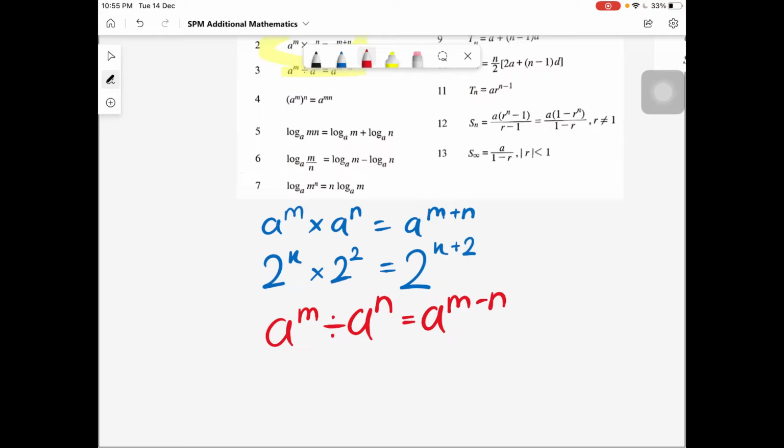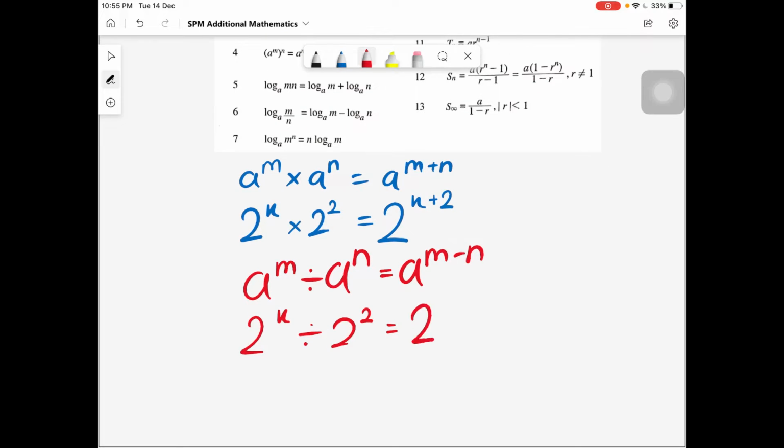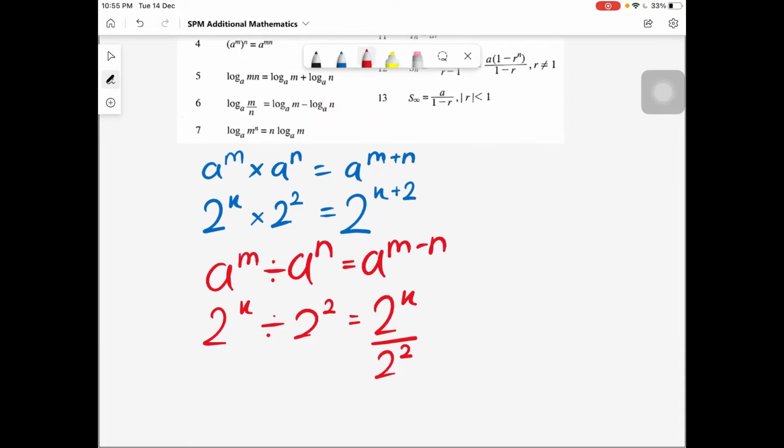So if I give you an example, 2 power x divided by 2 power 2, which is also commonly seen in questions as 2 power of x divided by 2 power of 2, can I say that in this identity my a equals to 2?